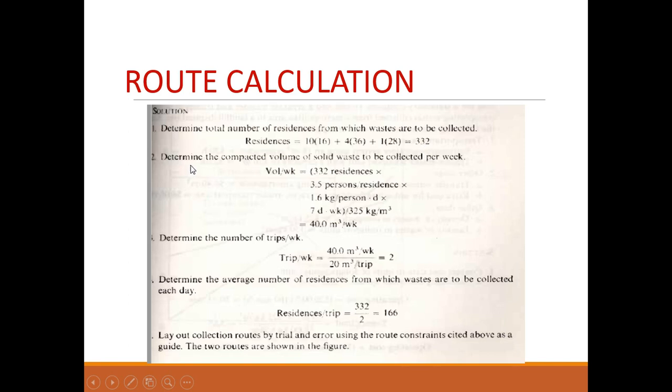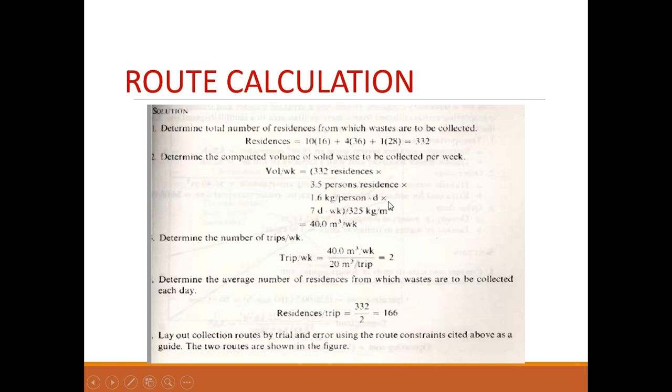The next thing we had to do was determine the compacted volume of solid waste to be collected per week. This is where we work in some of our assumptions. We know the total number of residences, 332. We multiply that by the average number of persons per residence, so we know the total number of people. We multiply that by the amount of waste that would be generated by each person per day.